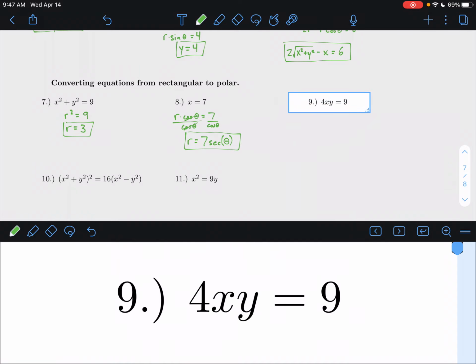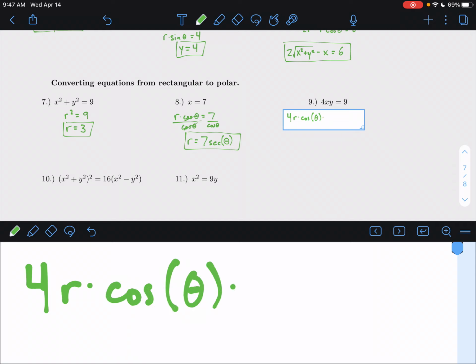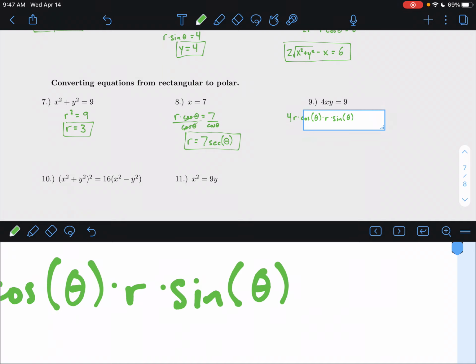For number 9 here, I'm just going to go ahead and start by plugging things in. So I have 4, x is r times the cosine of theta, y is r times the sine of theta, equals 9.